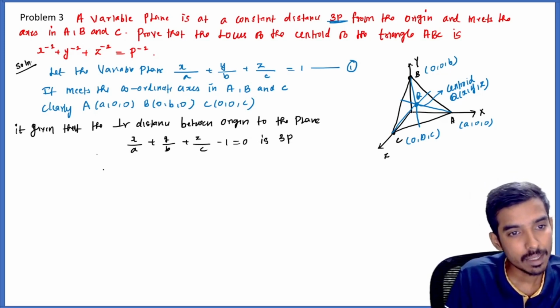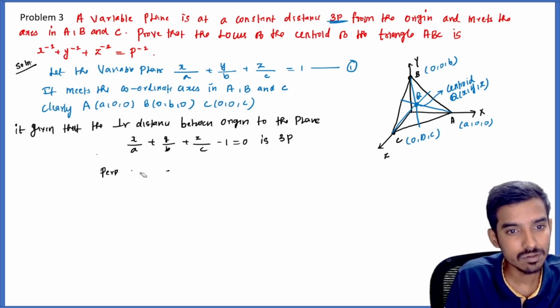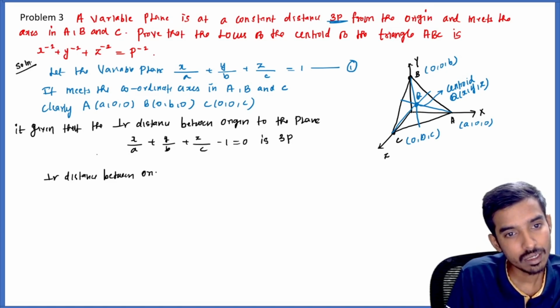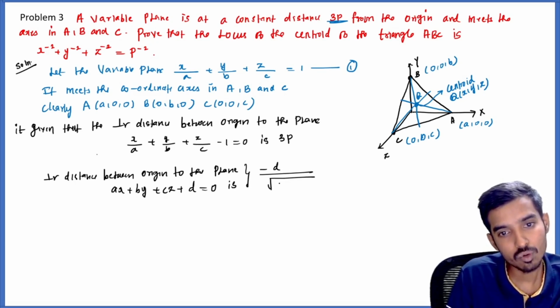So the perpendicular distance from the origin to the plane ax plus by plus cz plus d is equal to 0 is given by minus d divided by the root of a square plus b square plus c square.